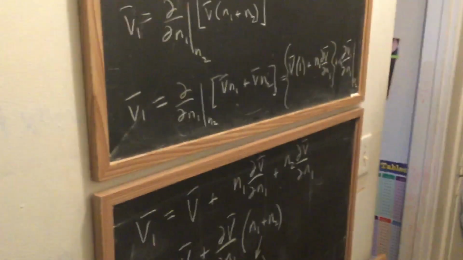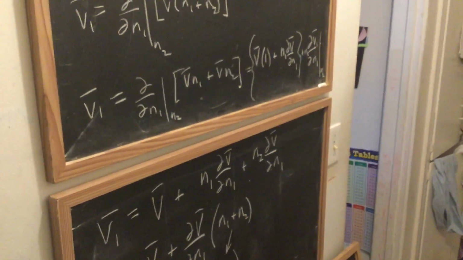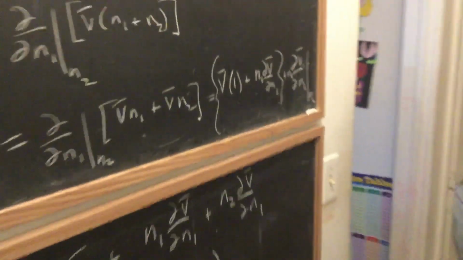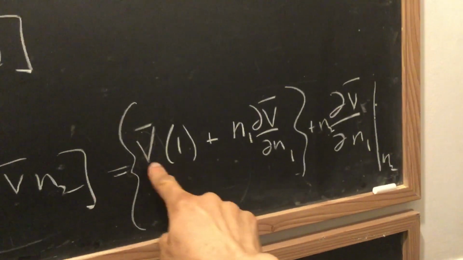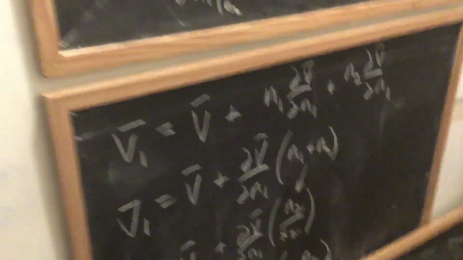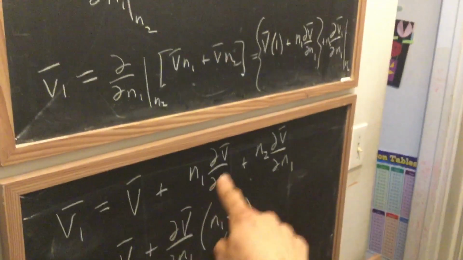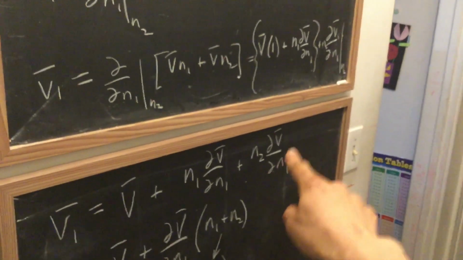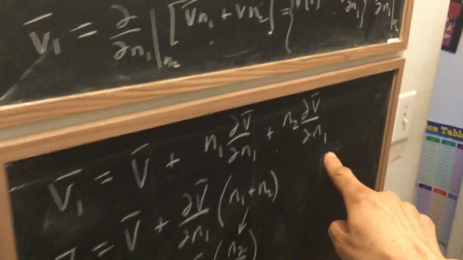So now, next step is to simplify, right? So we're going to multiply this by 1, which is just V bar, and then we're going to have this, and we're going to have this, right? So writing that out, we've got the V bar, we've got this, which was that, we've got this, which was that, okay? Now, let's see.